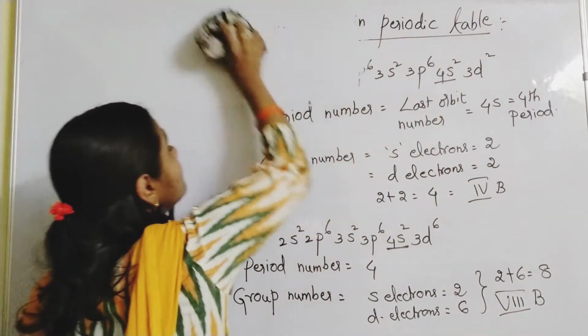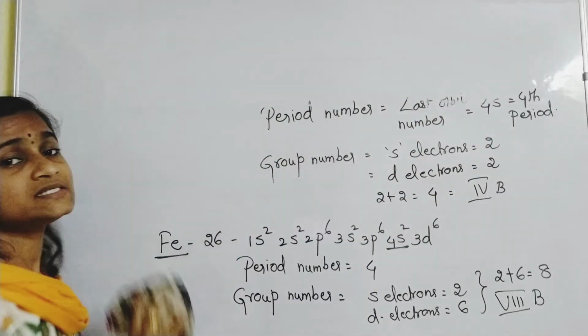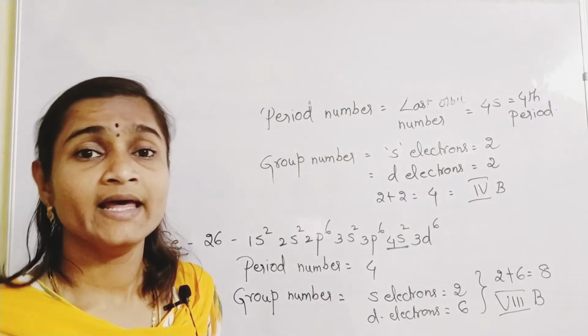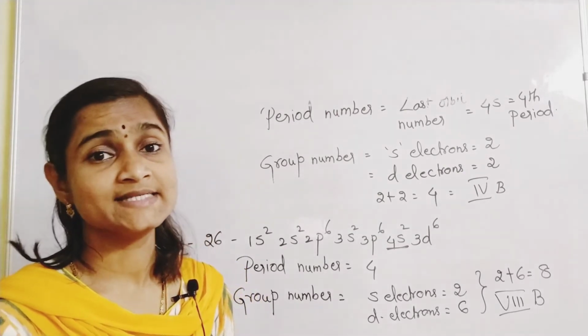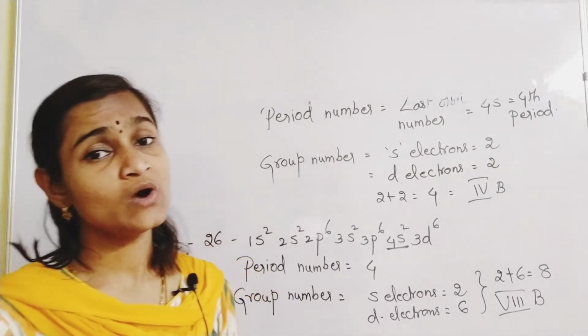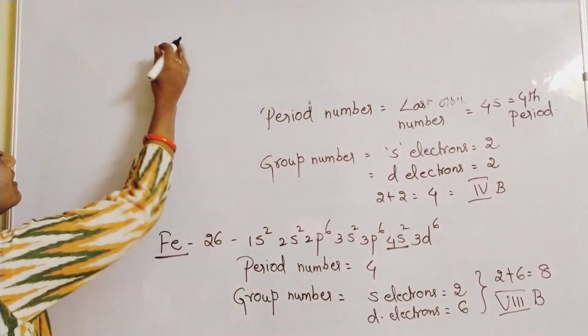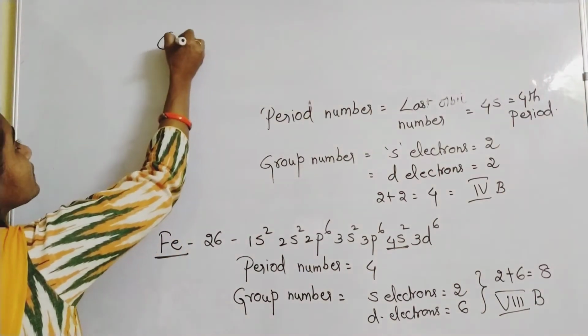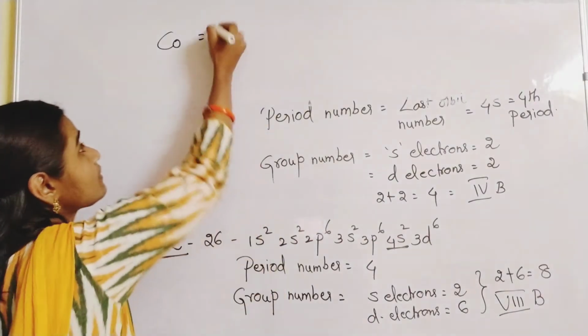Suppose you go for cobalt or nickel. You all must learn by heart the elements and atomic numbers up to 30 elements at least, up to class 10. Cobalt atomic number is 27.